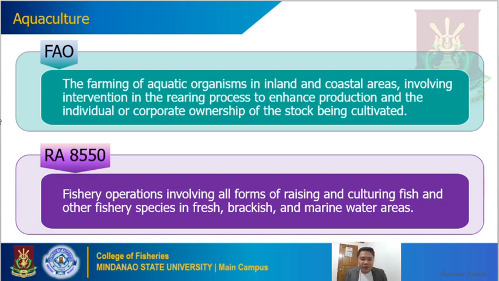So later on, we will be discussing further what are these fresh, brackish, and marine water areas, and what are the different fishery species that are commonly cultivated in these areas, and what are the structures utilized. So I hope that the definition of aquaculture from these two definitions is already clear.